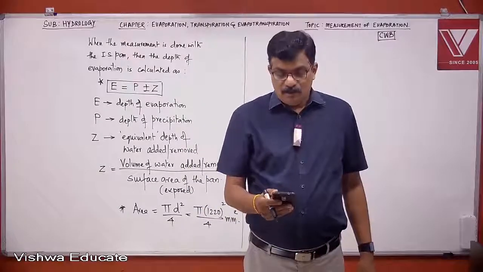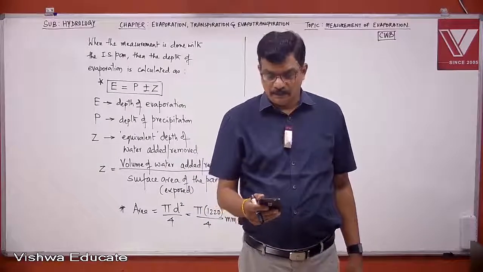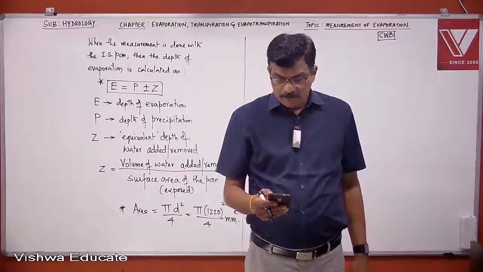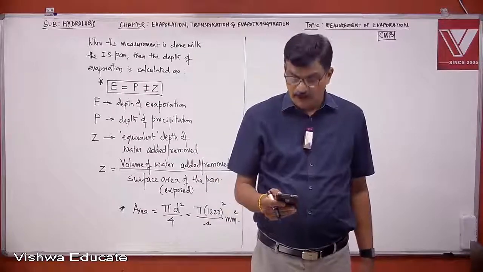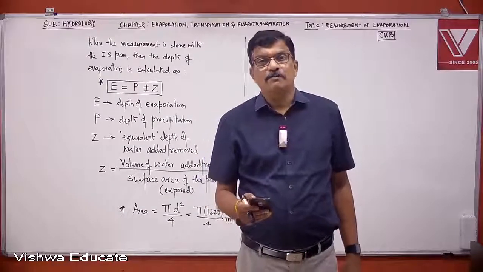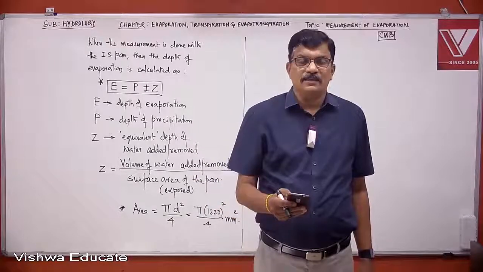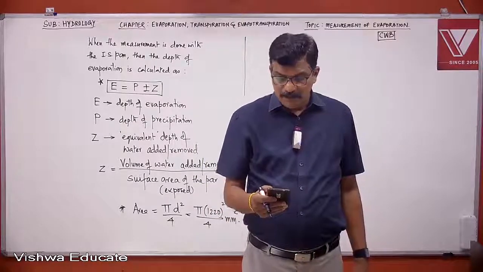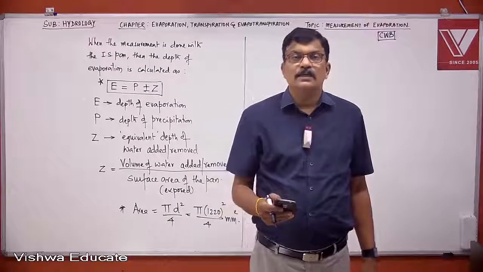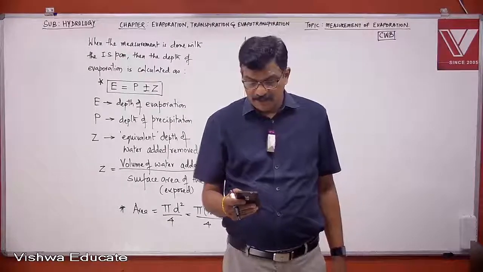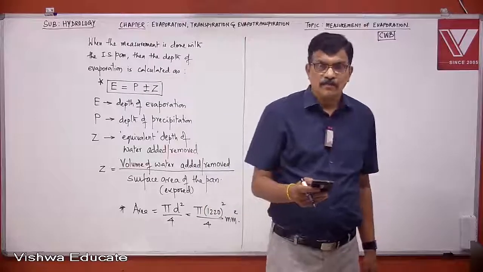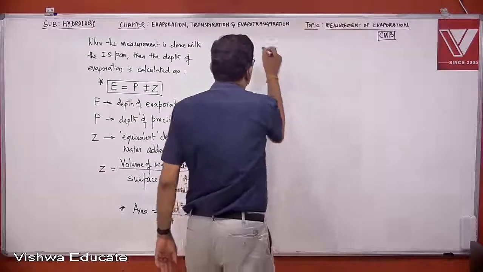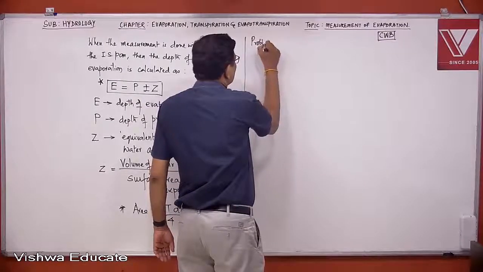The question says, what is the evaporation if 4.2 liters of water is removed from the evaporation pan of diameter 1.22 meters and the simultaneous rainfall is 8.75 millimeters. This is problem number 1.